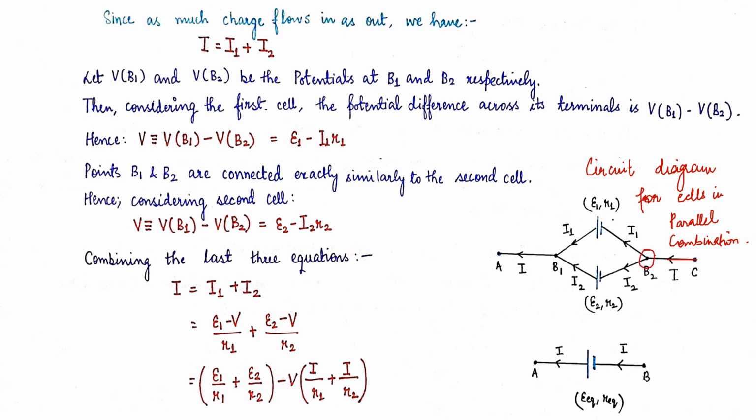From B it is divided into I1 and I2. Then they are entering from the negative terminal of cell 1 and cell 2 and leaving from the positive terminal of cell 1 and cell 2, coming to B1 and moving to point A.